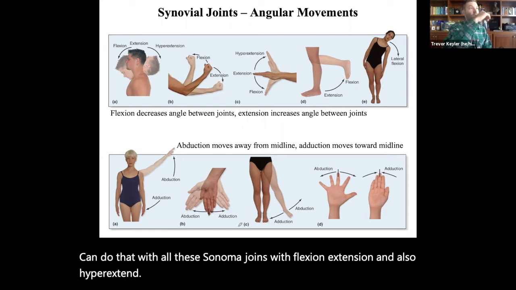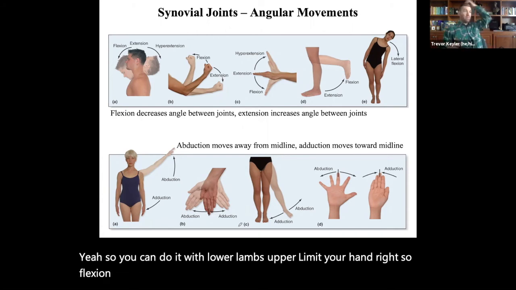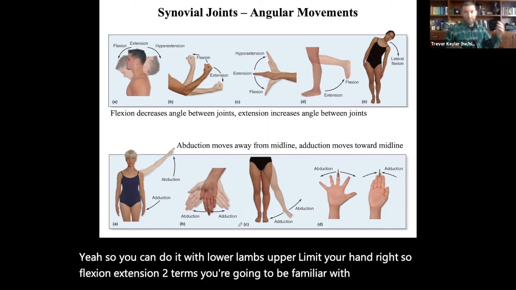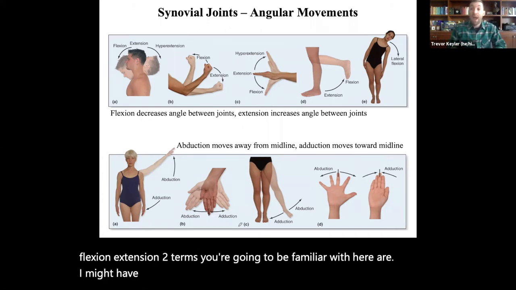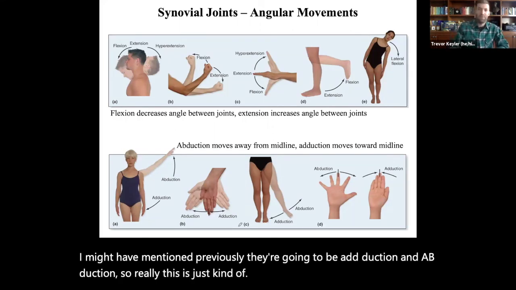So you can do it with lower limbs, upper limbs, or hands, right? So flexion, extension. Two terms you're going to need to be familiar with here, which I might have mentioned previously, are adduction and abduction. Really this is just kind of lifting and dropping if you want to think of it that way.